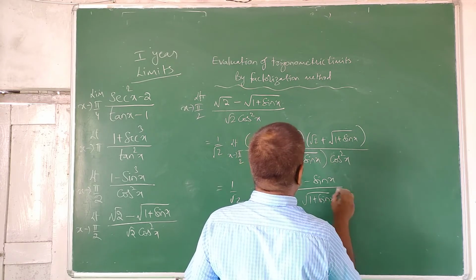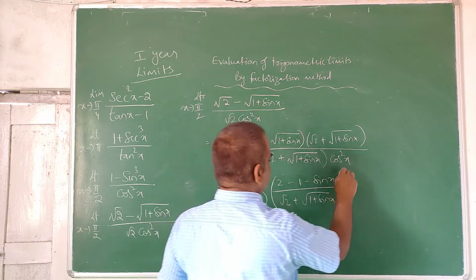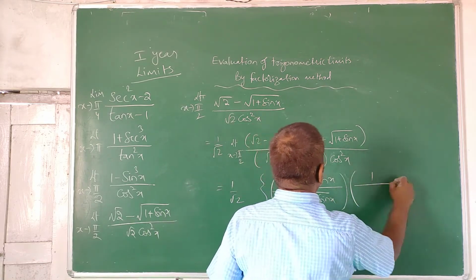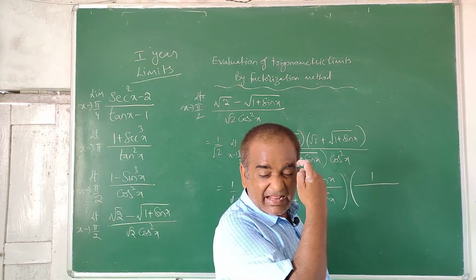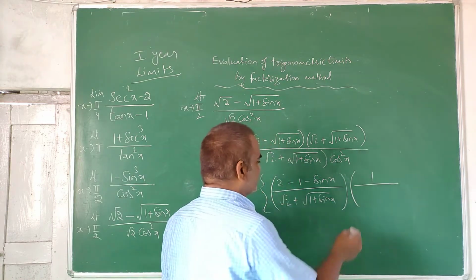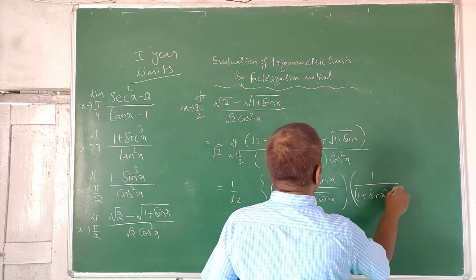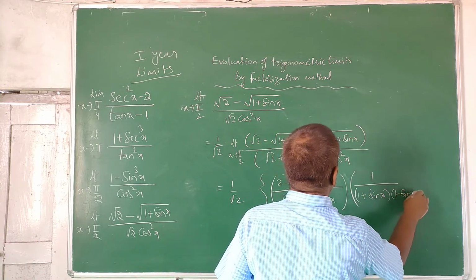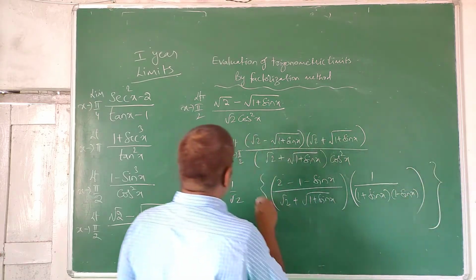Cos square x you write as 1 minus sine square x, which means 1 plus sine x into 1 minus sine x, as limit x tends to pi by 2.